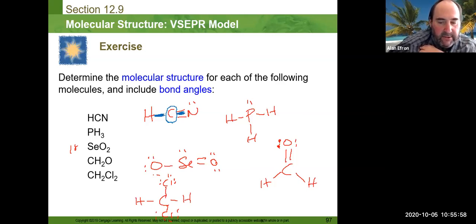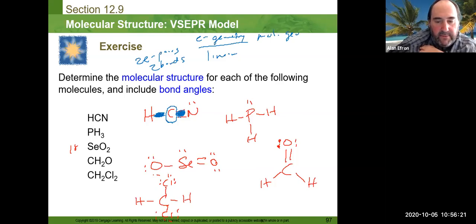So that is 2 electron pairs. It also has 1 bond on the left, and the triple bond only counts as 1 bond as well. So that's going to be 2 bonds. So something with 2 electron pairs and 2 bonds, the electron geometry is going to be linear. The molecular geometry will also be linear.